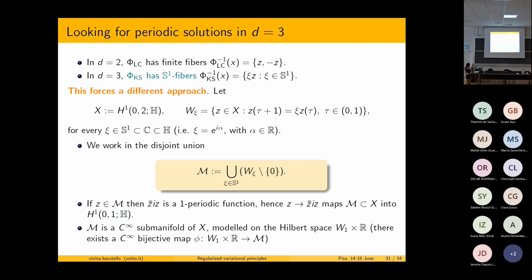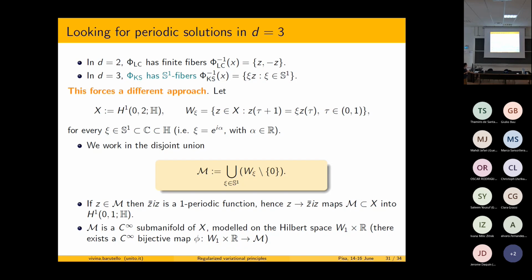Then the parity of the potential of the functional allows you to apply the same machine of the Krasnoselskii genus, on this space here, the one that I described before.